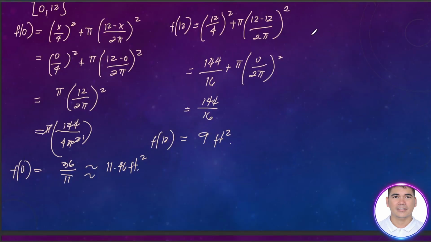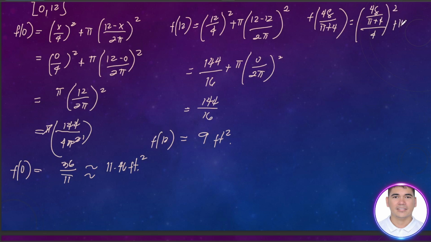And the last one is when our x is equal to 48 over pi plus 4. Plus pi times 12 minus 48 over pi plus 4, all over 2 pi.